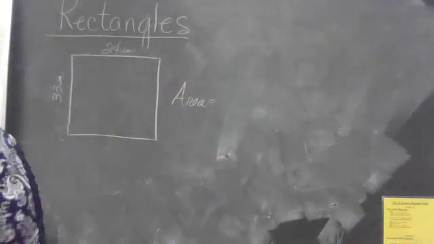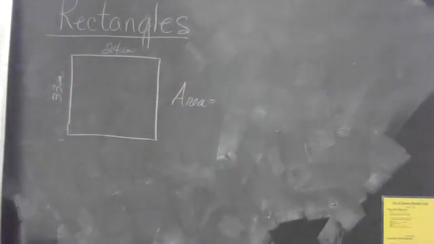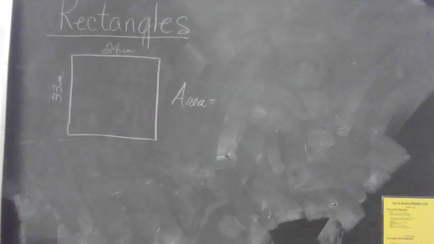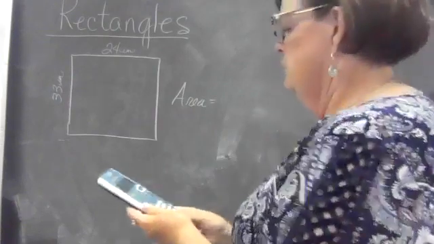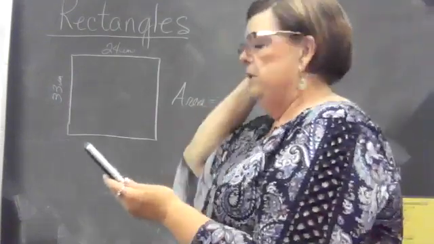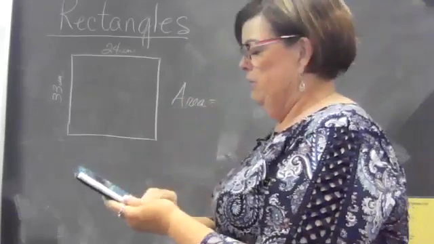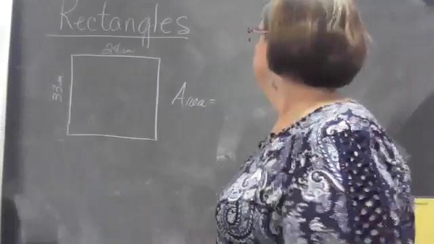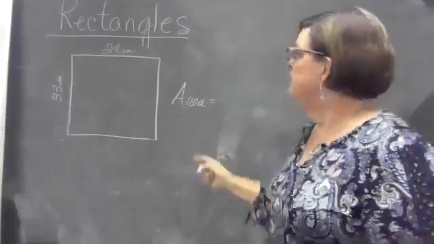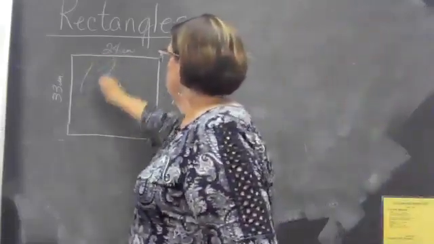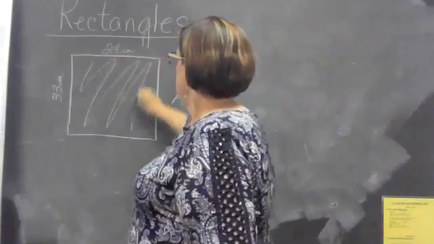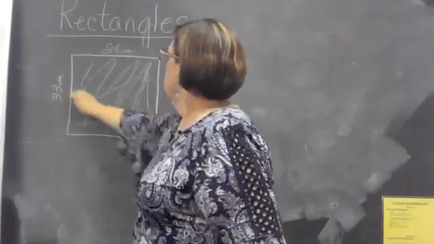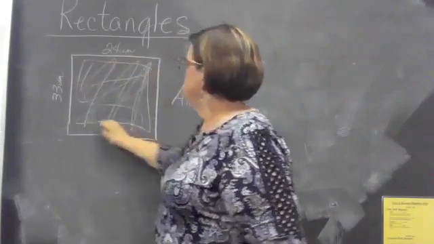And it is as simple as multiplying the length times the width. So the area will be equal to 33 times 24. The area of this, and again, we're talking about the inside, not the distance around. We want how much this covers.